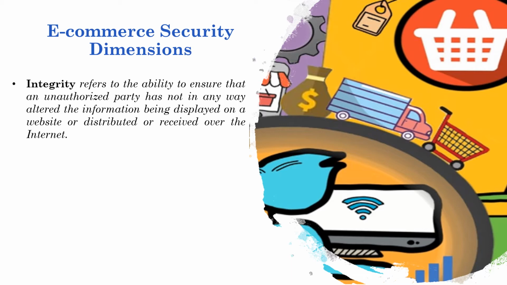Class, if we say integrity, this refers to the ability to ensure that an unauthorized party has not in any way altered the information being displayed on a website or distributed or received over the internet.